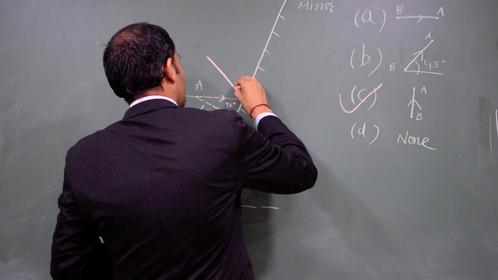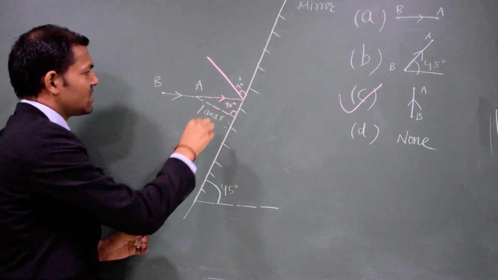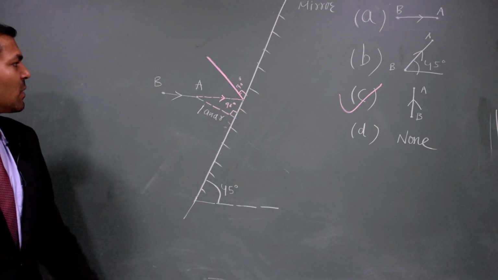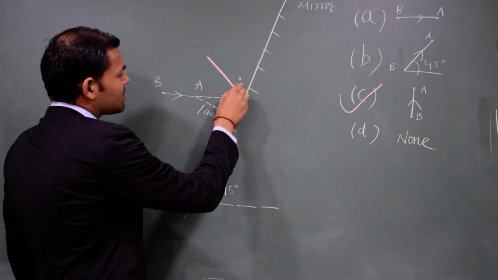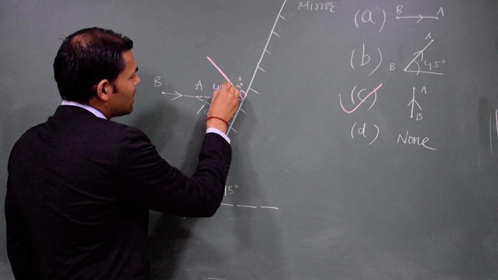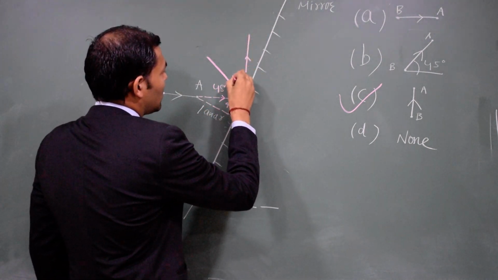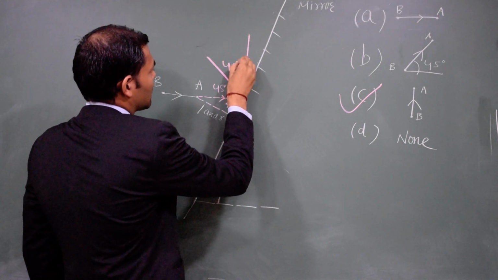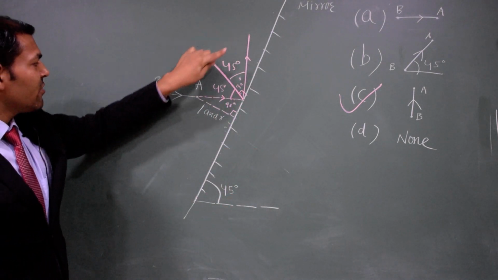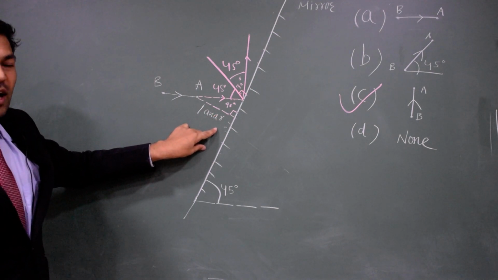This is making 90° with the plane mirror. So the incident ray is making 45° with the normal, so the reflected ray will also make 45° with the normal.